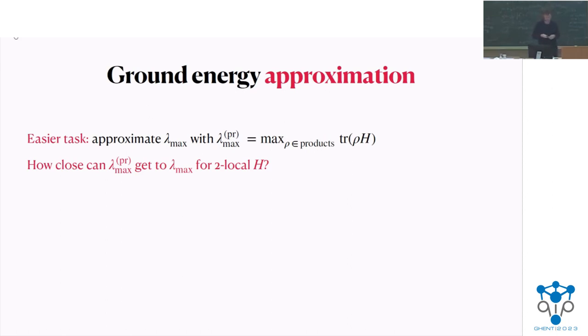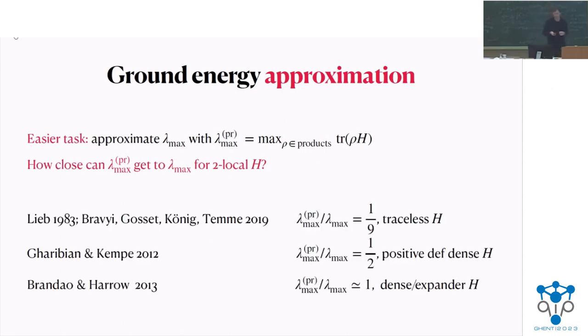This is an interesting question, academically at least. It was studied in some preliminary form already in the 80s, but has had some activity in the last 10 years as well. The common theme in these results is that product states are sometimes very good, like in this Brandao-Harrow result, which relies on some specific property of the Hamiltonian, like it's a dense Hamiltonian or based on some kind of expander graph.